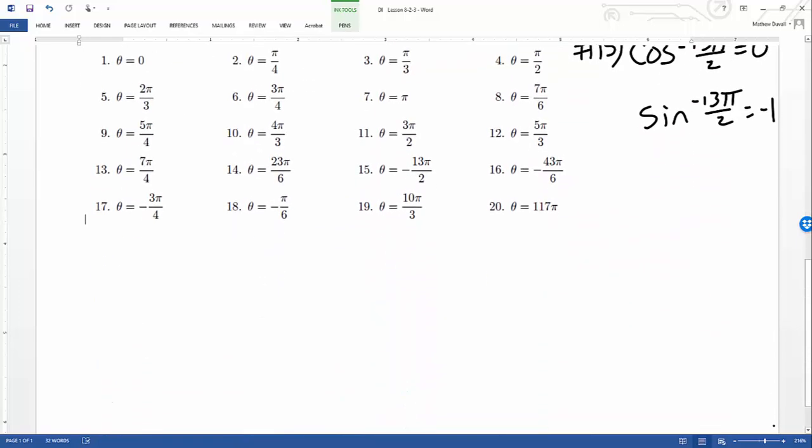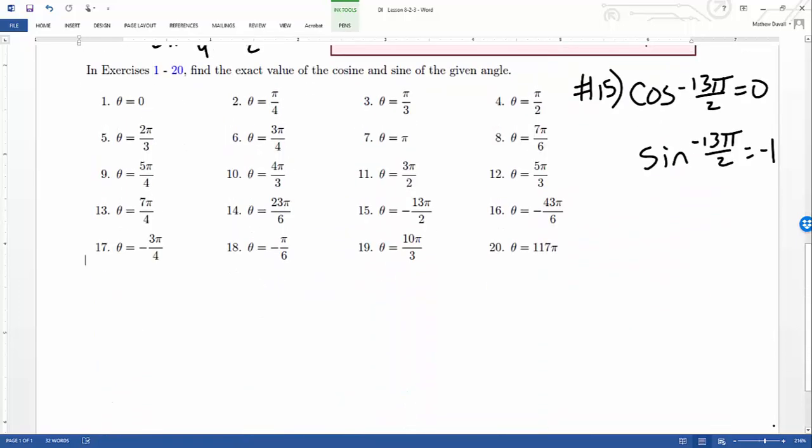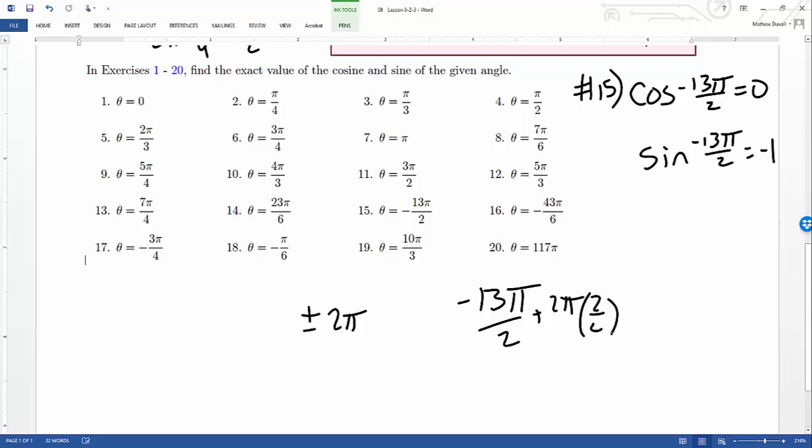Now what happens if I wanted to find the coterminal angle? If I have negative 13 pi halves, remember you can add or subtract 2 pi to find a coterminal angle. So if I keep adding 2 pi, find a common denominator, you get 4 pi halves.